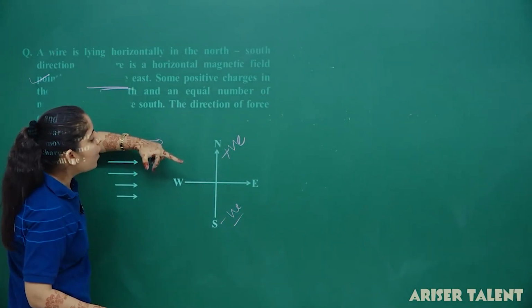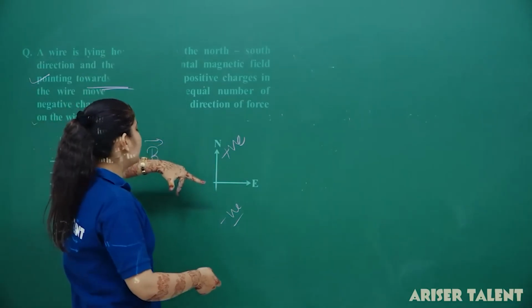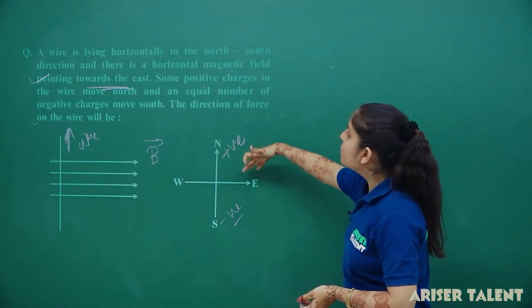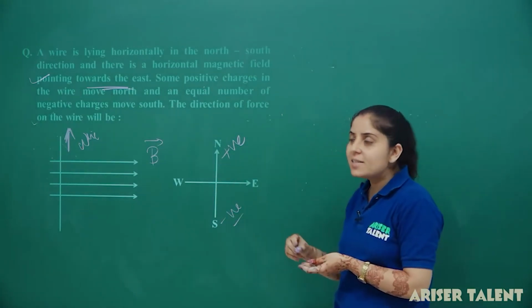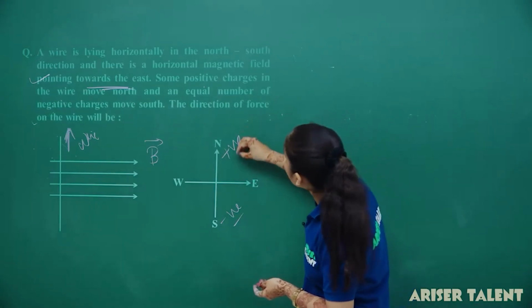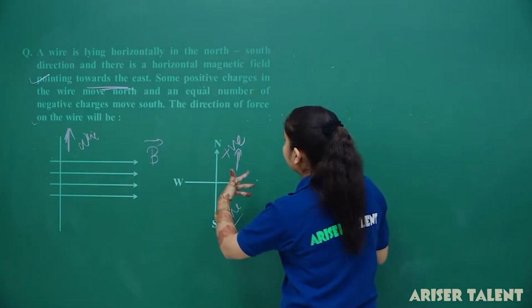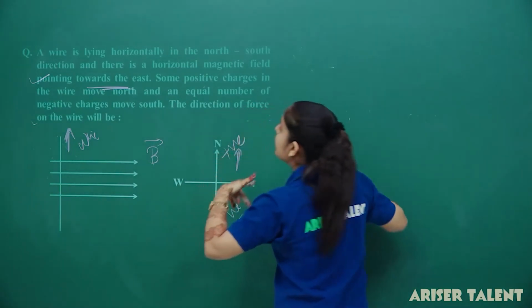If you keep the fingers of the left hand mutually perpendicular, and negative charge is moving in the south direction and positive charge is coming in the north direction, the upward direction will be the direction of current. So you have to orient your finger in this direction.